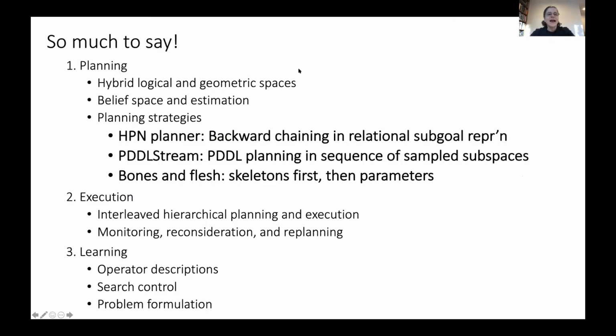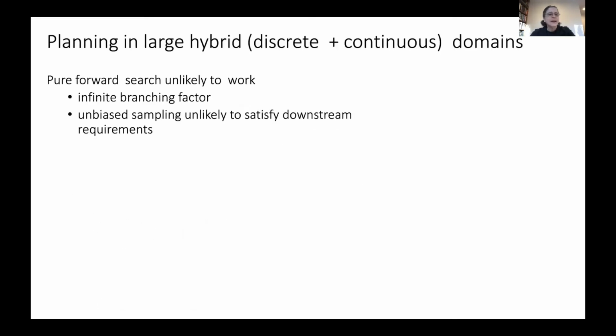Okay, so I now have ways of talking about reasoning about geometry and about belief, combining discrete and continuous aspects. And now the question is, what kind of planning methods can we use in these types of problems? In our group, we've explored a couple of different strategies, and other people have strategies too. I'm just going to outline them very briefly.